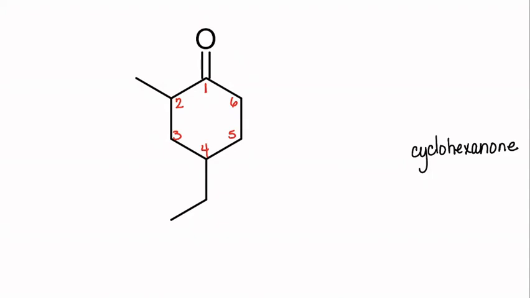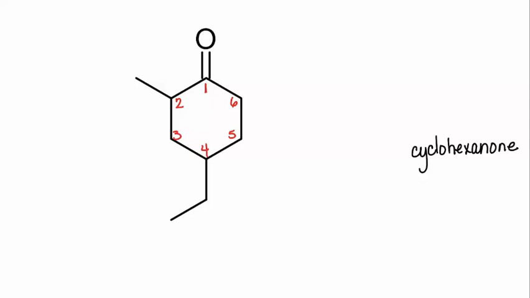Give me one moment. So in this case, we have 2 substituents, 1 on 2 and 1 on 4. That is a great attempt, Katie. But the thing is that we need to put it, thank you, Isaiah, we need to put them in alphabetical order.